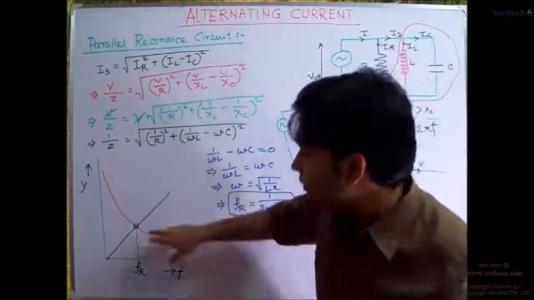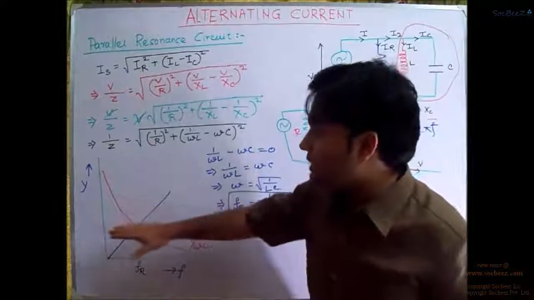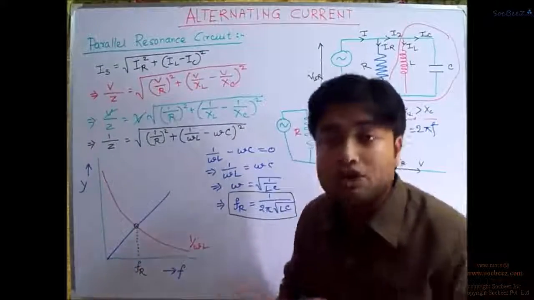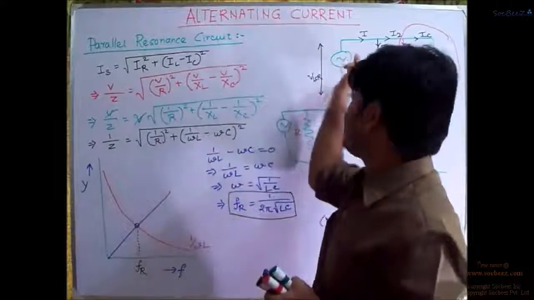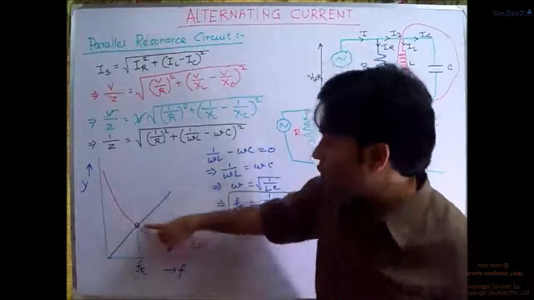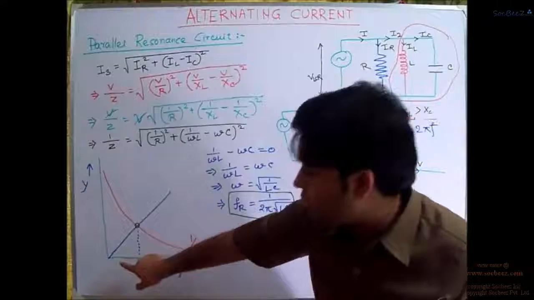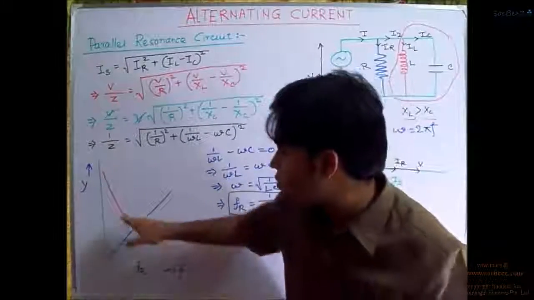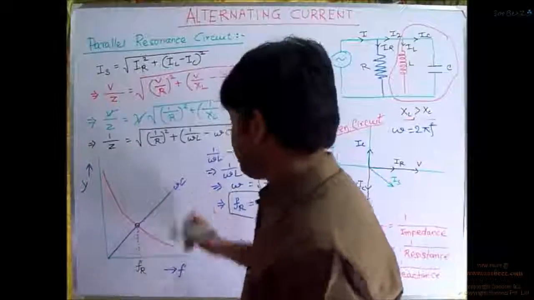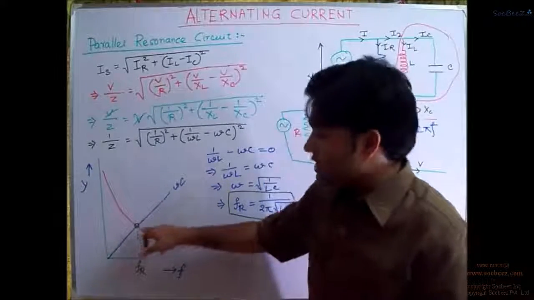Now this is for the admittance, right? And for the admittance, at this particular point the admittance will be equal to 0, considering that there is no resistance. We have drawn the graph as if there is no resistance. So the admittance at this point will be 0, because this one and this one, omega C, the susceptance of the capacitor, are simply cancelling out.